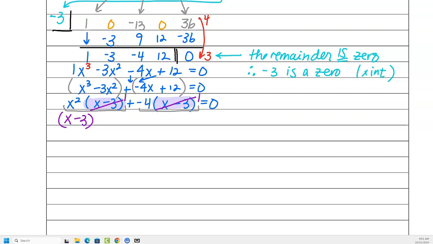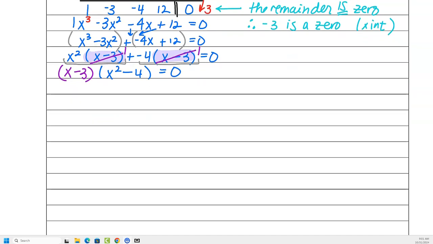And so I am left with x minus 3 times x squared minus 4 equal to 0. Hey, wait a minute. Doesn't x squared minus 4 factor further? Isn't this the difference of squares? X times x, 2 times 2. So that becomes x minus 3 times x plus 2 times x minus 2.